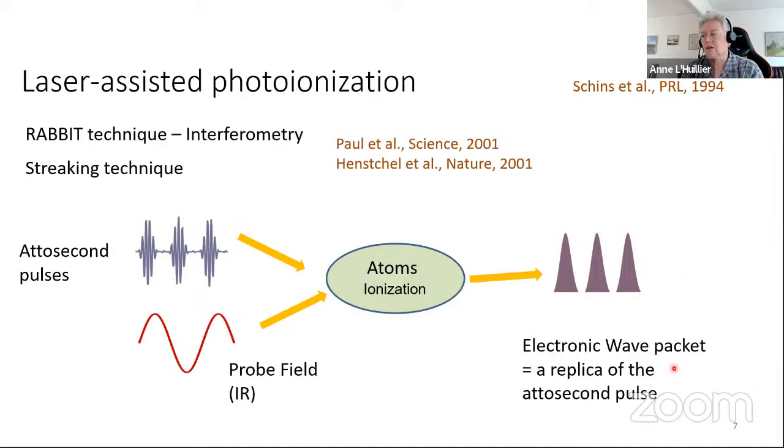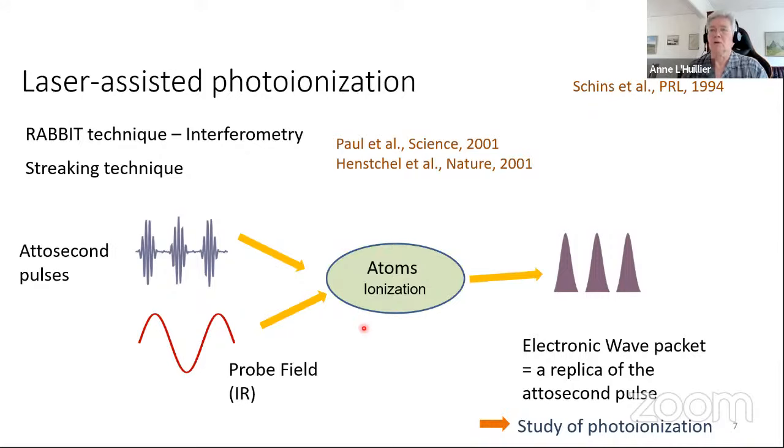So by looking at these electrons, you can actually retrieve the characteristics of your attosecond pulses and even of your probe field. Now, what I'm going to discuss in this talk is actually not to characterize your input field, but instead to look at the properties of the atoms which are ionized.